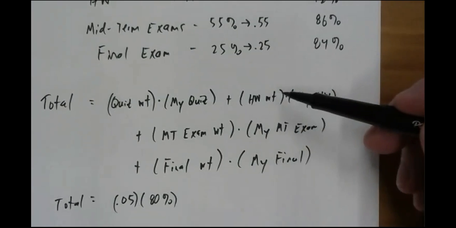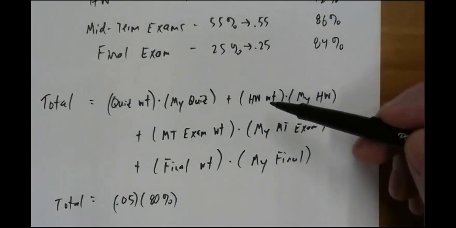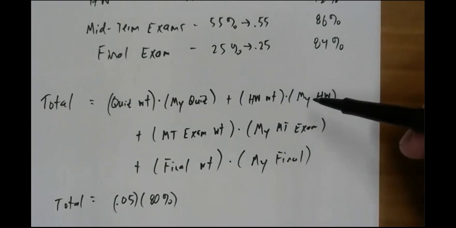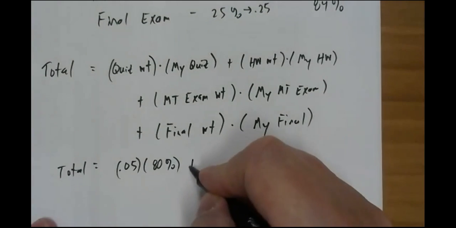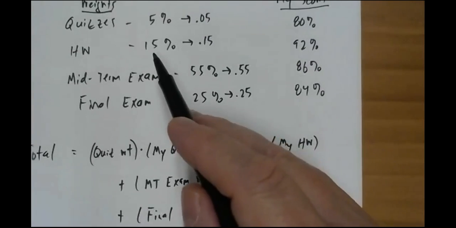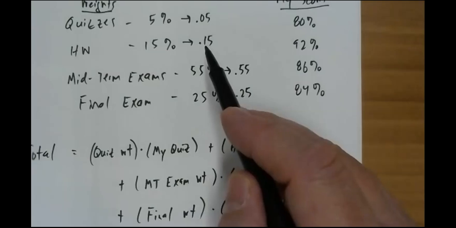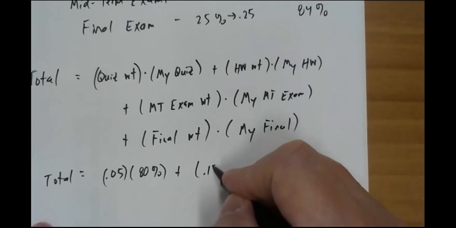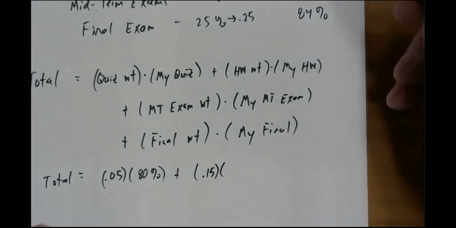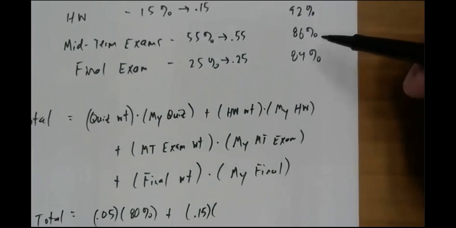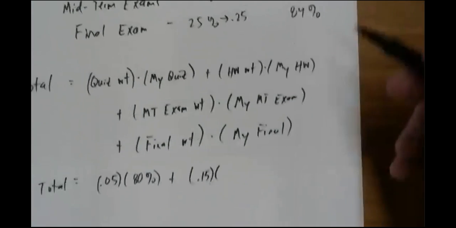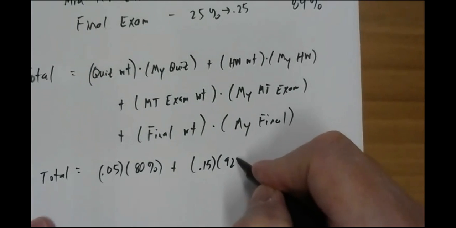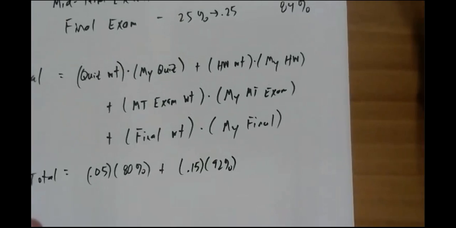Then plus, I do the same thing for the homework. The weighting times my homework score. So the weighting for homework is 15%, which I'm going to put in as 0.15. And then my homework score, 92%, and I go ahead and just write that in as 92%.